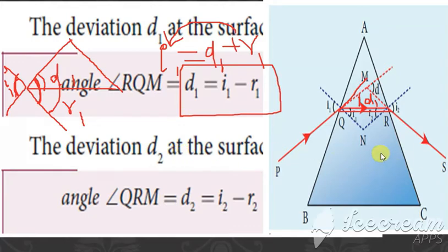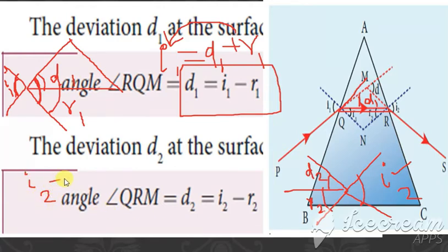Same way, when you are writing for I2, here we have the angle I2, and it has been split into two. Here is the angle D2 and here we have R2. So this full angle can be written as this plus this, so I2 is equal to D2 plus R2.